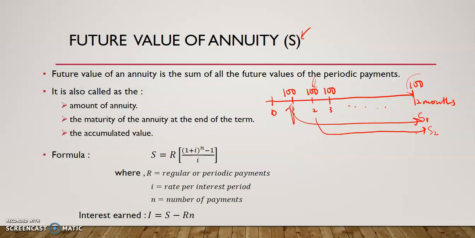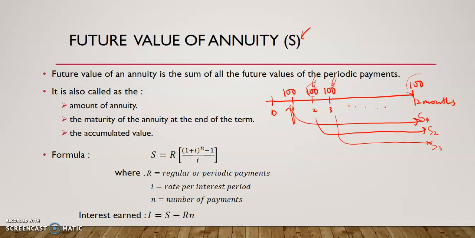S2 stands for the future value of the second RM100. And you also have S3. S3 is the future value of this RM100. So altogether, you will have S12 because you have 12 investments of RM100.